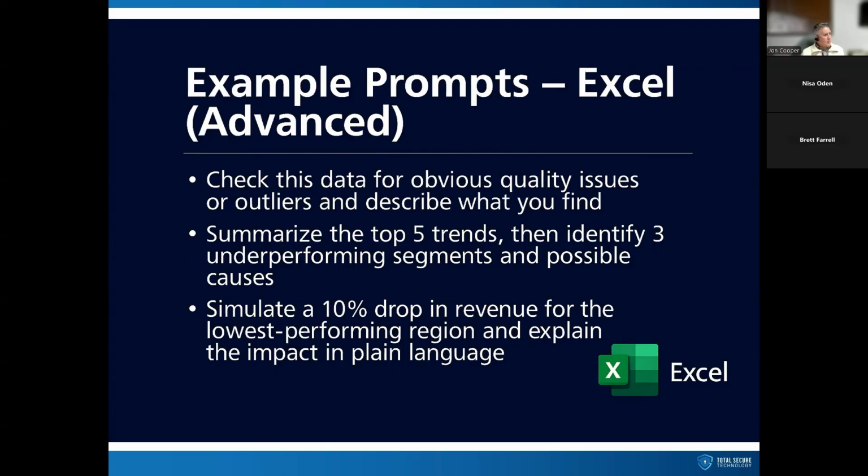Summarize the top 5 trends, then identify 3 underperforming segments and possible causes. And then last, simulate a 10% drop in revenue for the lowest performing regions and explain the impact in plain language. Those are the Copilot prompts that we're going to try now.